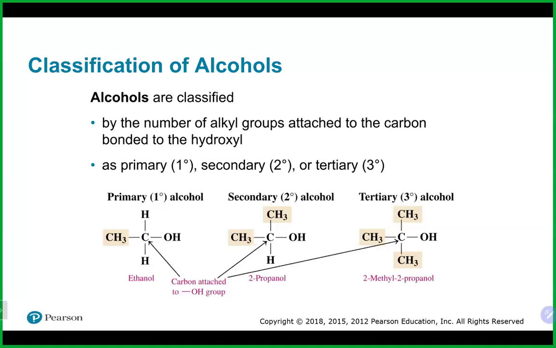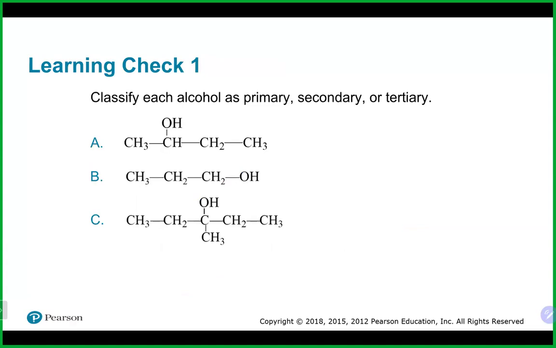And as we saw, it is important in terms of reactions and what you get out of them, whether you'll get an aldehyde, a ketone, or no reaction. So we want to classify each of these. Why don't you take a moment for each of these and determine, are they primary, secondary, or tertiary alcohols?